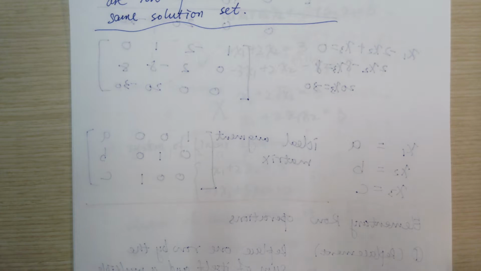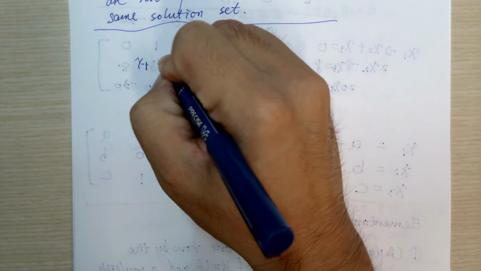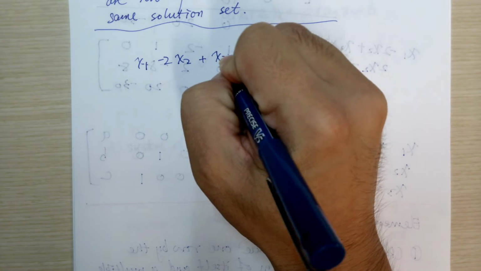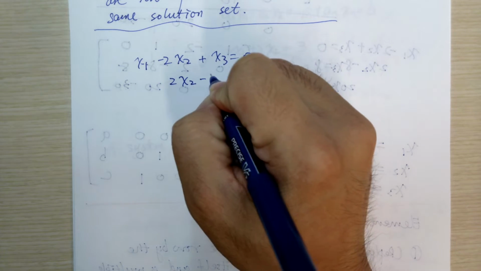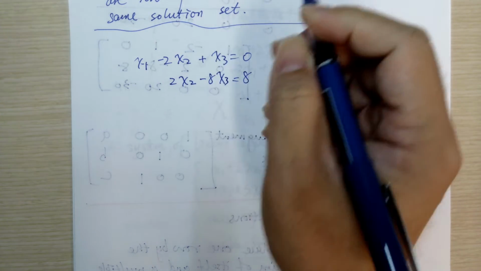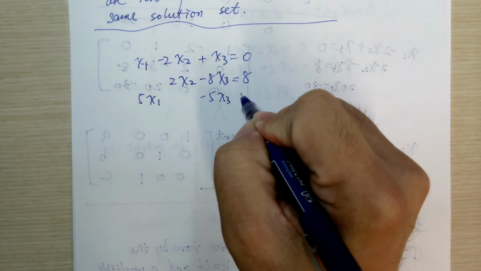Okay, so let's continue to look at one more example about how to define whether a system is consistent or not. Look at this example. Given x1 minus 2x2 plus x3 equals 0, 2x2 minus 8x3 equals 8, and 5x1 minus 5x3 equals 10.